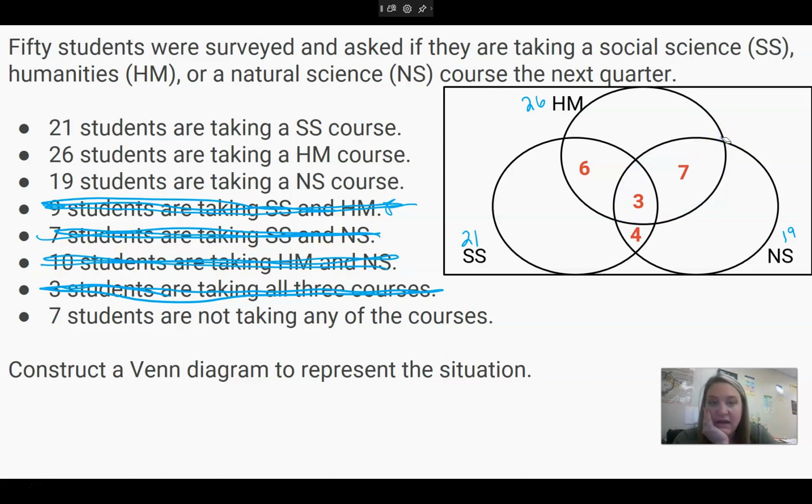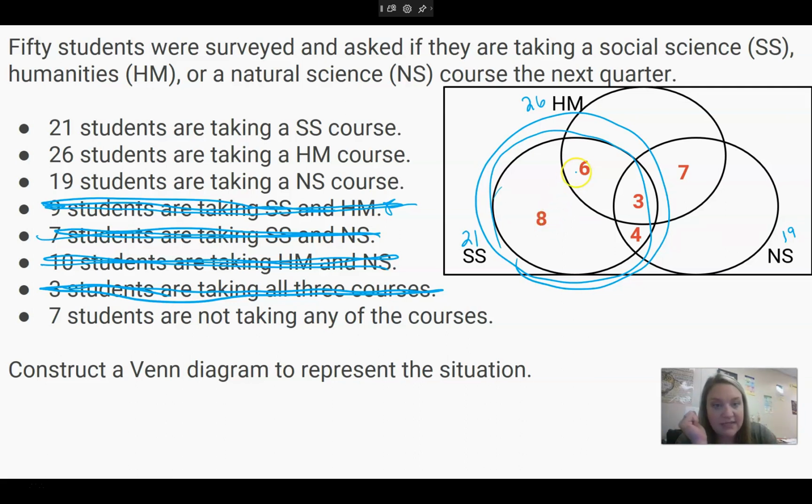Okay. Now let's fill in the rest of the circles. So if 21 people were doing social sciences, what do I already have in my social science circle? I already have 6 plus 4 plus 3, that's 13, right? So I need 21 minus 13 gives me 8.